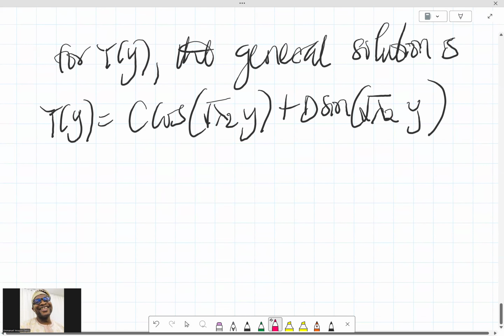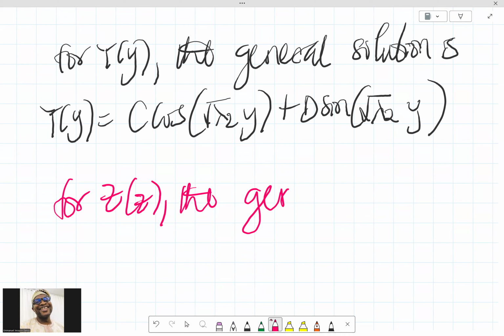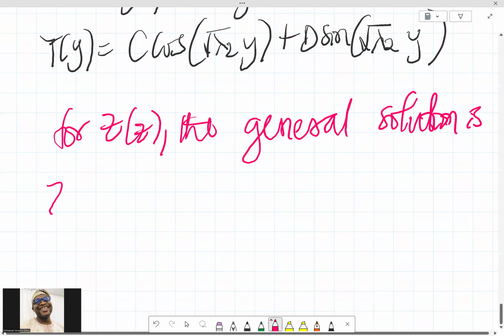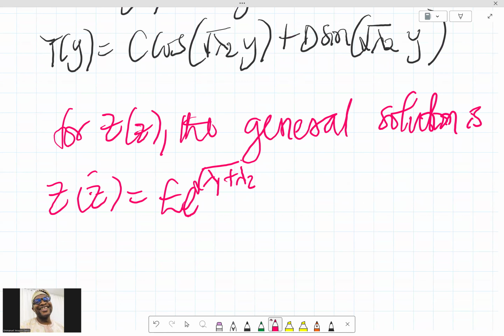Okay, and then for Z of z, the general solution is Z of z, now because that is negative, so we can have e raised to the power square root of lambda 1 plus lambda 2 z, plus f e raised to the power minus square root of lambda 1 plus lambda 2 z.